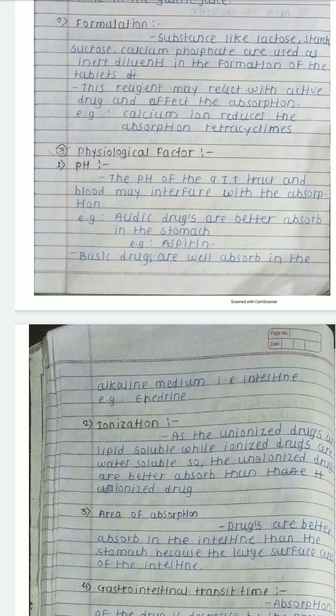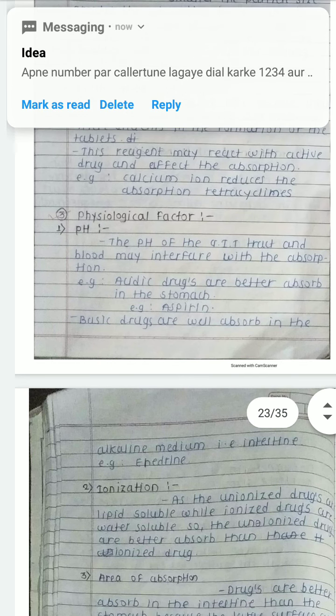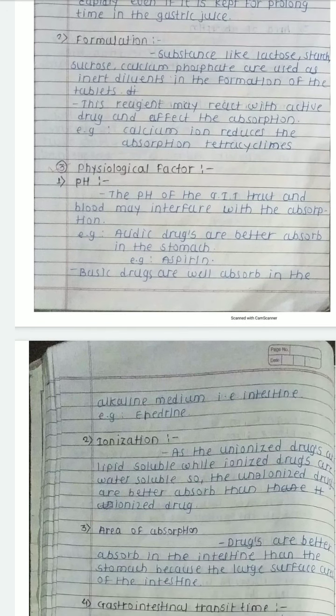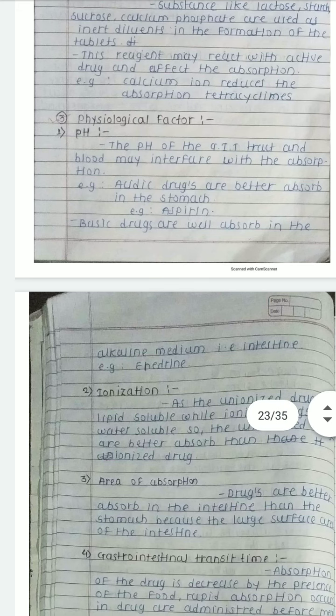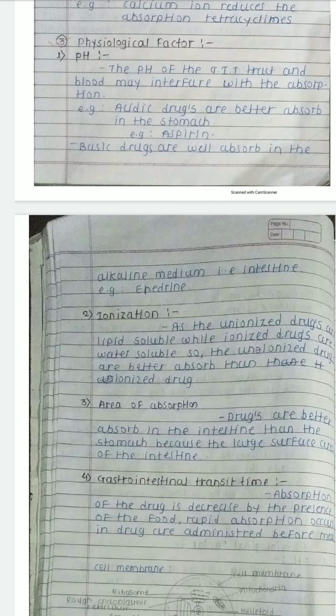Tetracyclines are antimicrobial or antibacterial drugs. When you take a tetracycline drug, and you are also taking calcium ions externally, it will reduce tetracycline absorption, because the calcium ions form a chelate or complex with the tetracycline. Because of this, it does not get absorbed easily, and these chelates of tetracycline reduce the absorption rate.